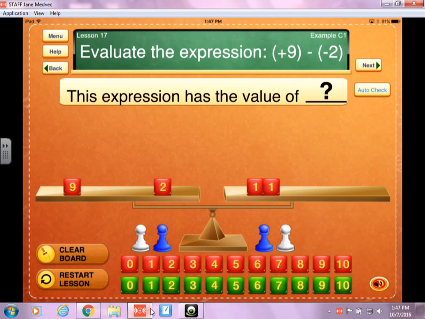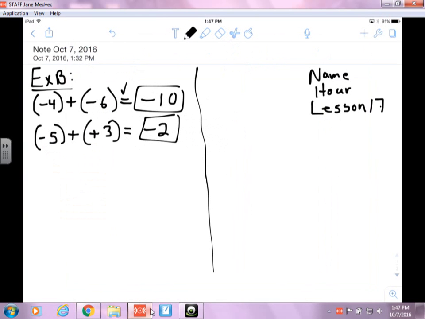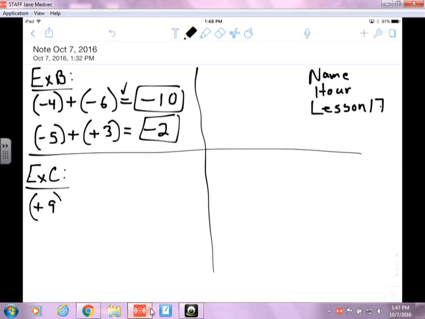Okay, so I'm going to go back to my notes. It's example C. I had a positive 9 minus a negative 2 equals. Now this is what I actually want you to do on your homework. I actually want to see this. If I don't see it, there's no work shown.